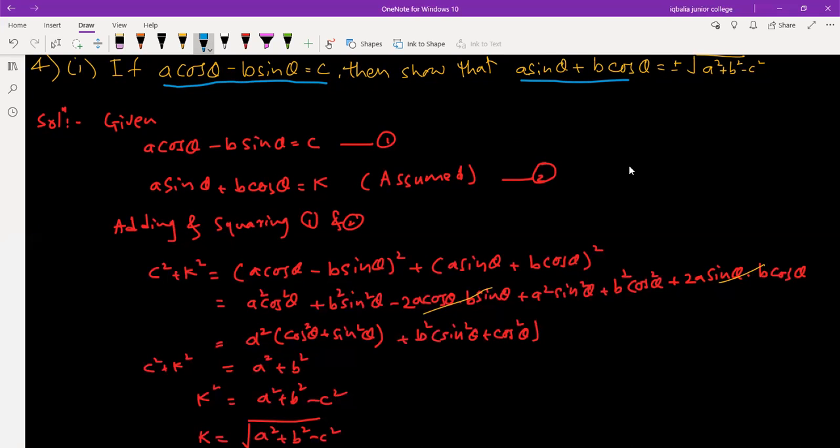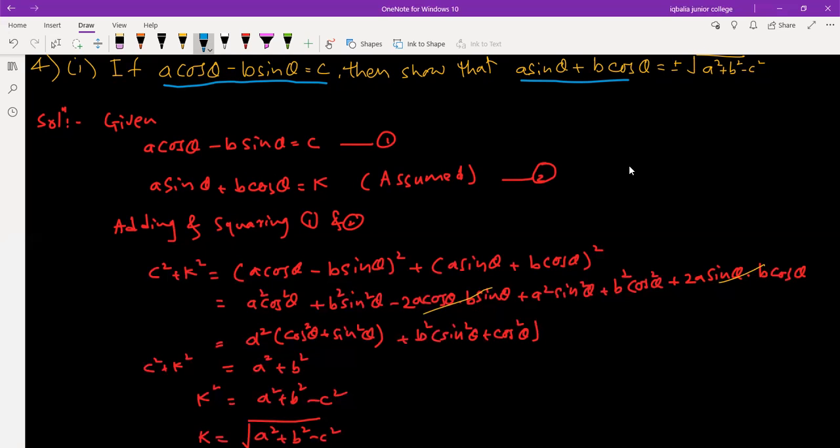Okay, so here I added and squared equations 1 and 2. Just square and add them. So here C square will be equal to K square, and here I open the bracket.